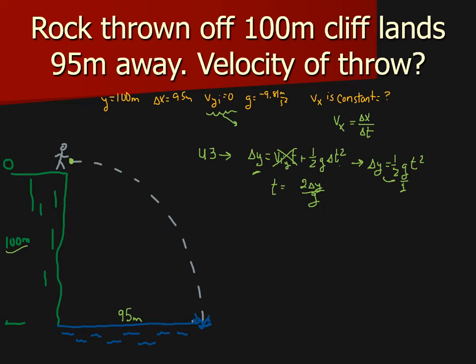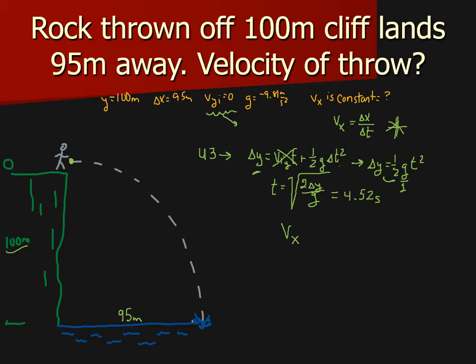And this was time squared, so this whole thing would be square rooted to solve for time itself. I have y, I have gravity, multiply that by 2, square root it, and I have a time of 4.52 seconds.